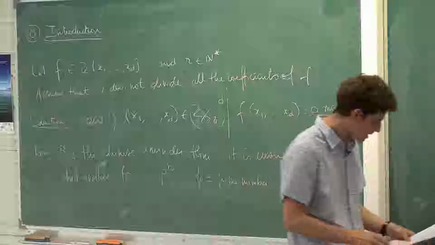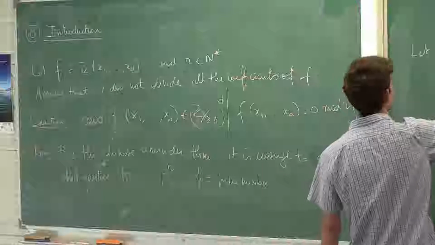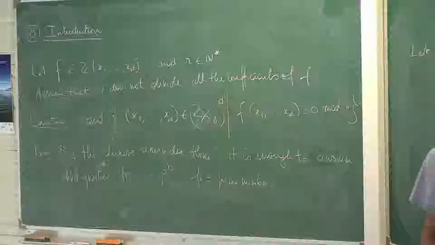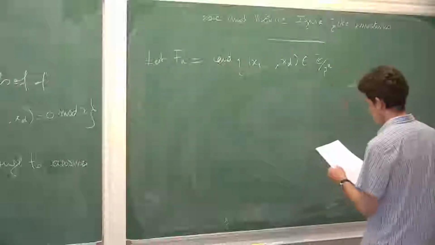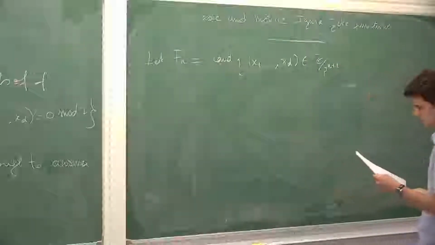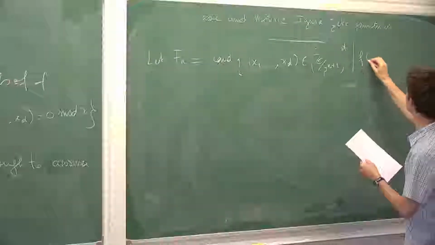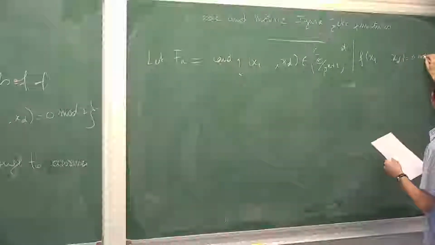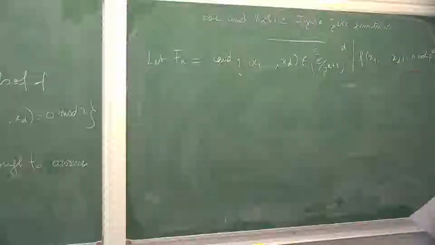So I denote by Fn the cardinal of the thing that I've written here: the set of x in Z mod p^(n+1) to the d such that f(x) is zero.